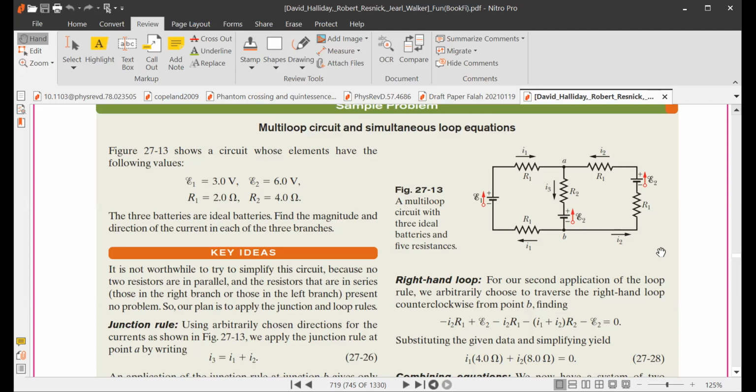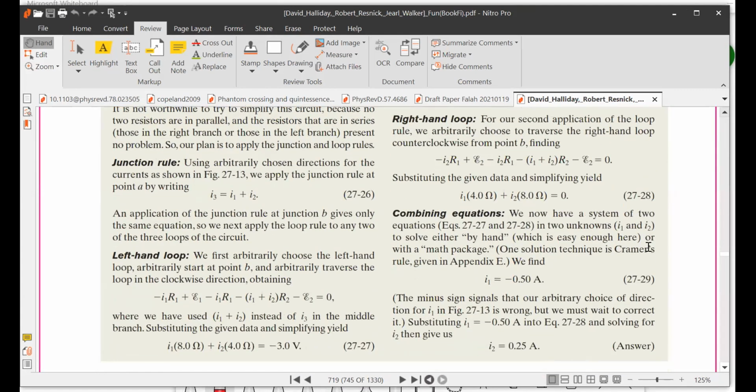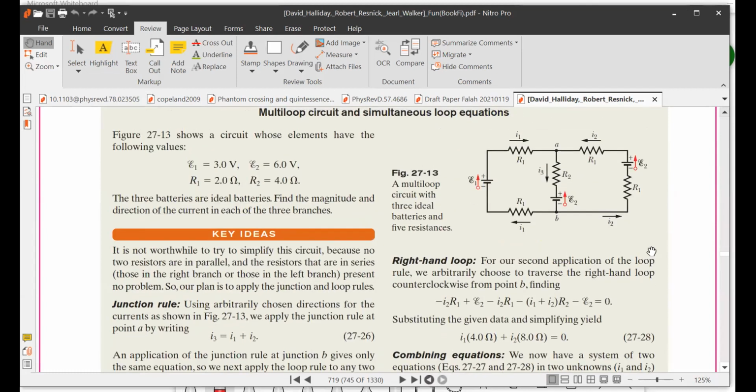This is page 719. If you have the book, you can see that the author assumes the direction of the current I1 is to the right, and then I2 to the left, and then I3 from above to below.